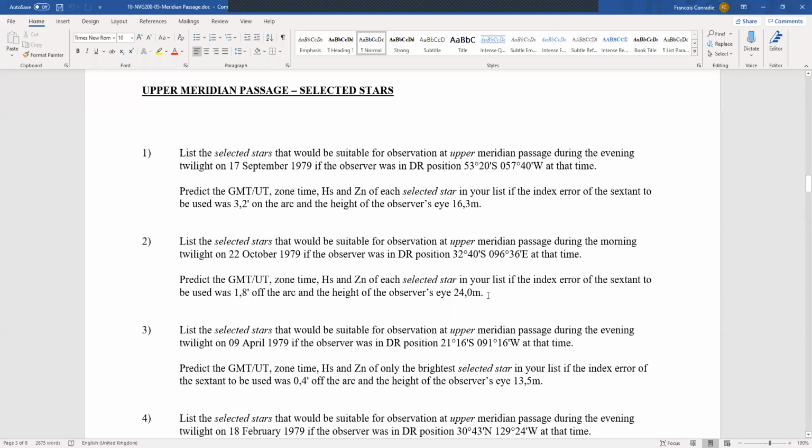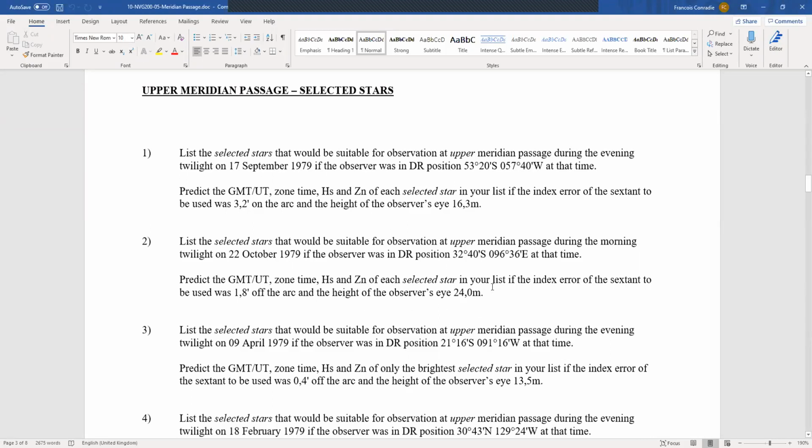In this case, we're saying during the morning twilight on the 22nd of October. So you would be on the 21st of October, let's say the evening, planning ahead for the next morning, isn't it? Now you don't know ahead of time exactly which stars are going to be visible at that time and which stars will be at Upper Meridian Passage. So that is the point of this question.